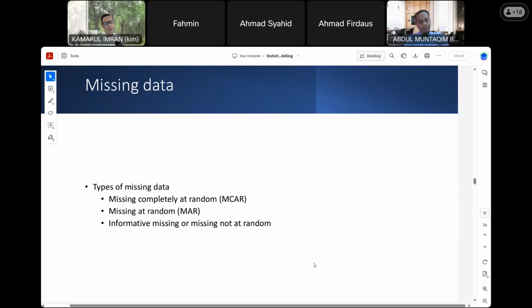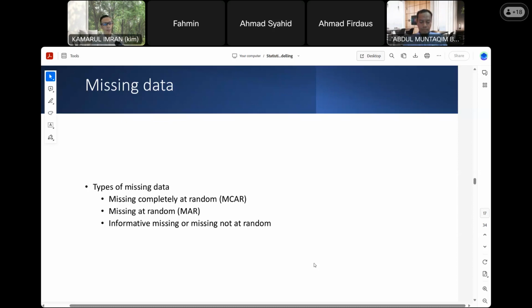And there's another one, informative missing or missing not at random. This is missing data that happens due to the outcome of interest. For example, if you are studying cancer death, and you collect survival data, and because of the effect of cancer or side effects of drugs, cancer patients passed away.